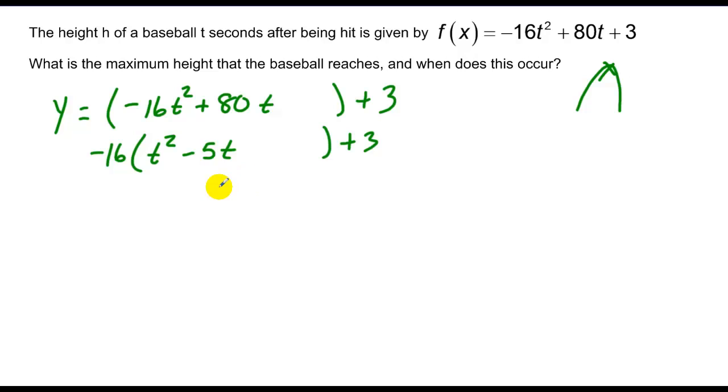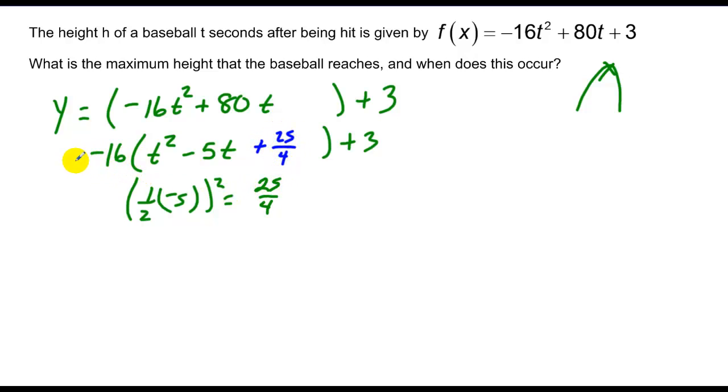Now the only problem is here we've got a nasty fraction, which is okay. So we'll take half of negative 5, square it, which gets us 25 over 4. So I'm going to add that 25 over 4 here.